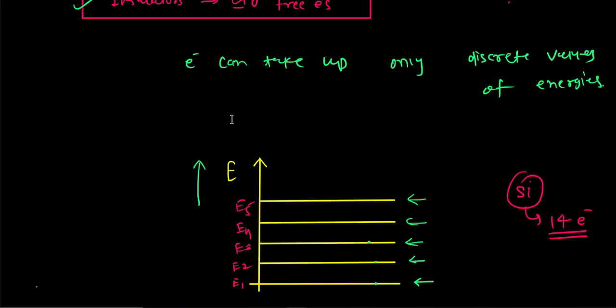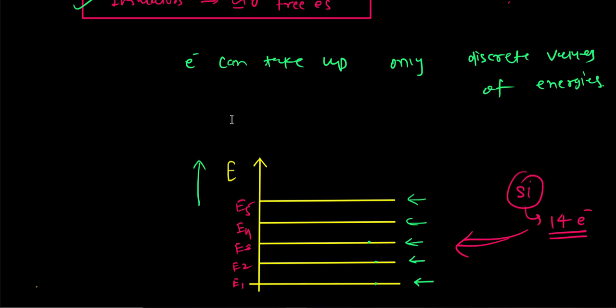Now how are these 14 electrons going to fill up these energy levels? These electrons fill up these energy levels according to some rules. It is not that we can randomly put any electrons in any of these energy levels. First of all, any electron wants to go into the lower state of energy, okay?